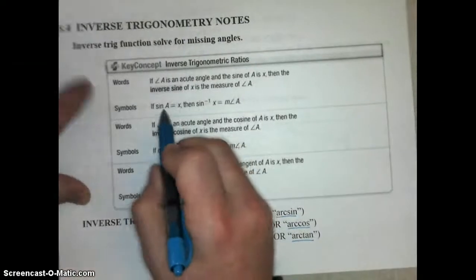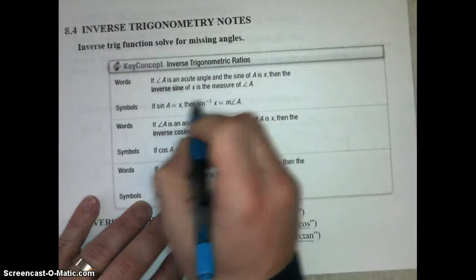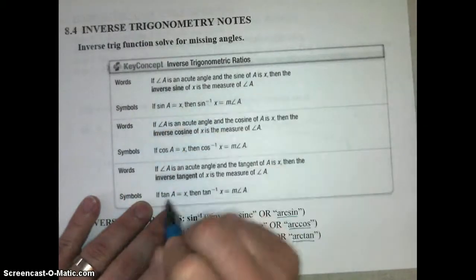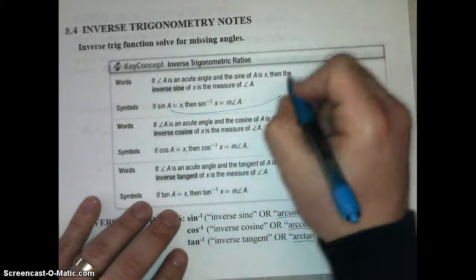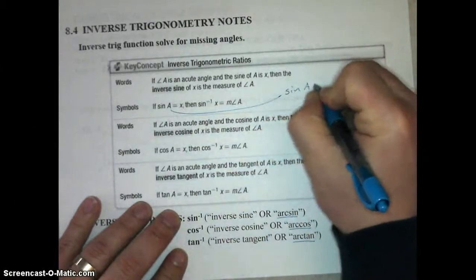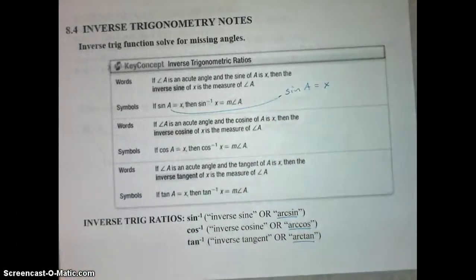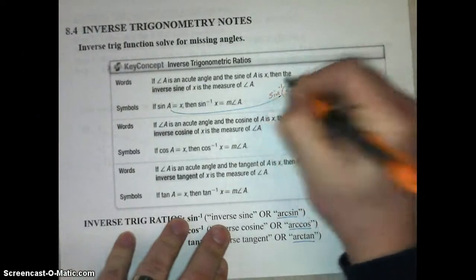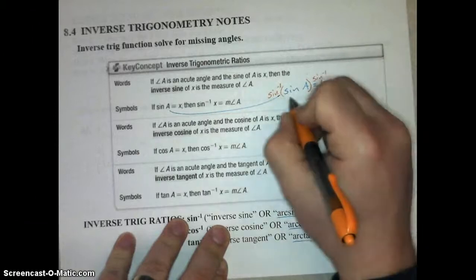Okay, so if the sine of angle A equals x, then the inverse sine of x equals the measure of angle A. Okay, and we get that this way. So let's say I had this. If I have sine of A equals x, what we actually end up doing is taking the inverse sine of both sides, or the arc sine, okay?